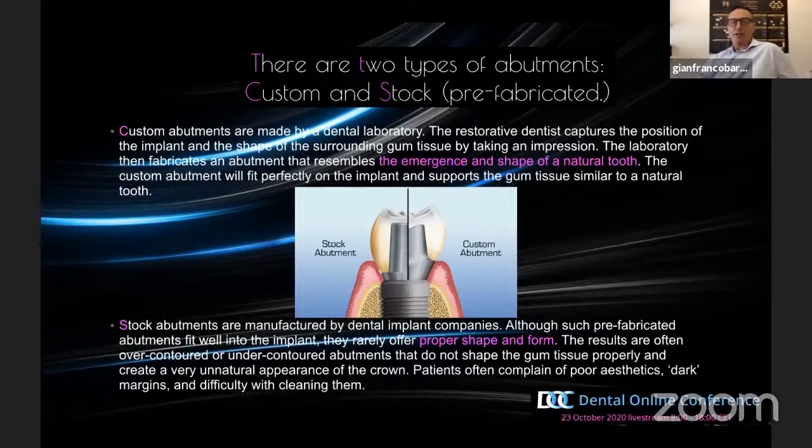For this reason, it is better for us to work with the custom abutment. Of course, the difference is that the stock abutment has a low price, because it's made by the factory in order to make lower prices.